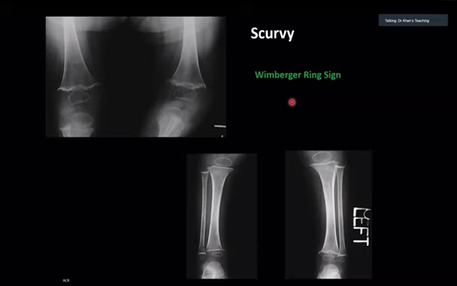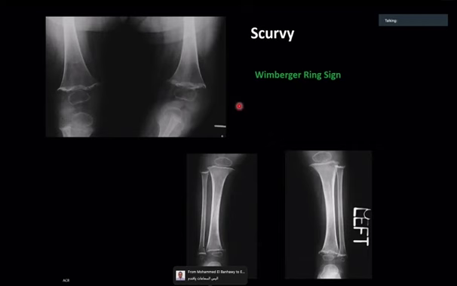In scurvy, there can be periosteal reactions, but there are other stigmata, which we will learn in detail later on. But having said that, what happens is that the epiphyses are sharp and sclerotic, and rest of the bone is osteopenic. So there is a sign which we call Wimberger ring sign. And in syphilis, there is another sign. We'll come back to this, but remember this word, Wimberger ring sign.